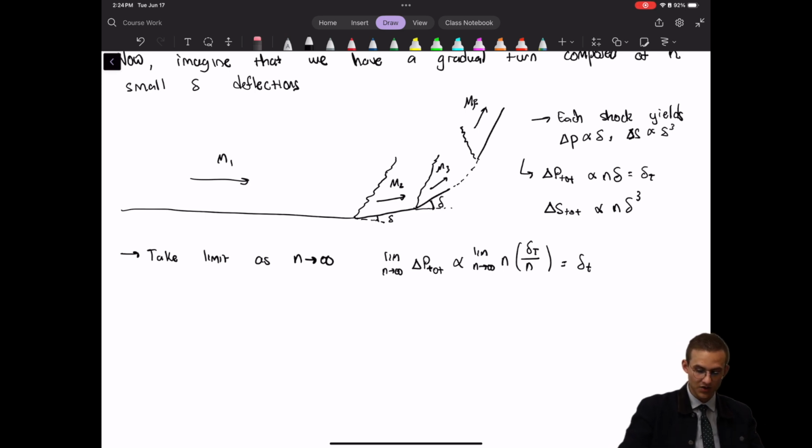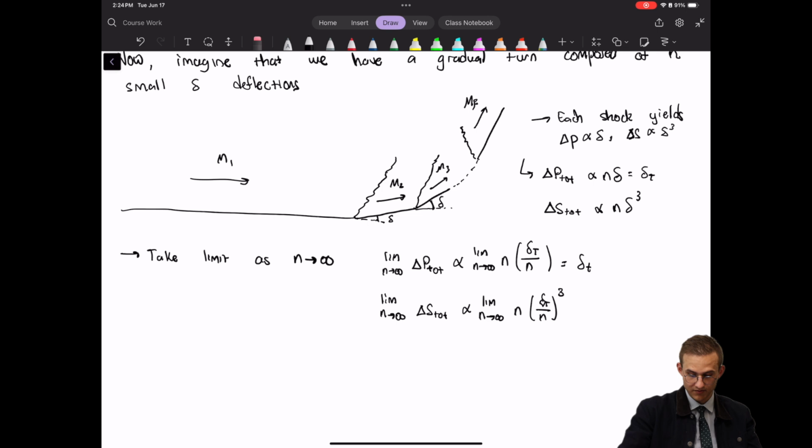So our total pressure change is still just proportional to delta t, but the crucial thing is that the limit as n goes to infinity of delta S total, the total entropy change, is proportional to the limit as n goes to infinity of n times delta t over n to the third power.